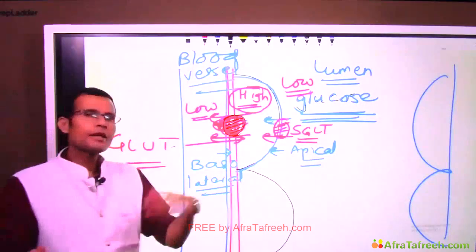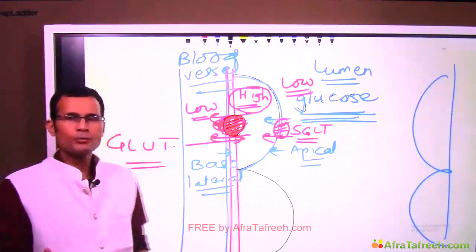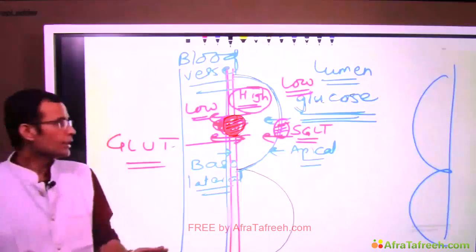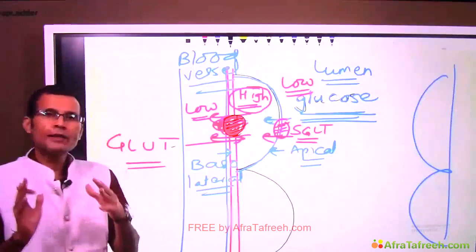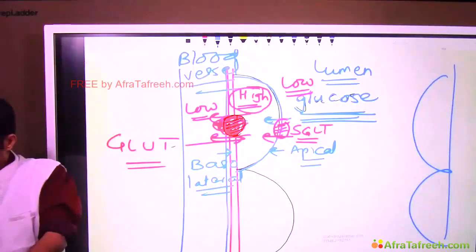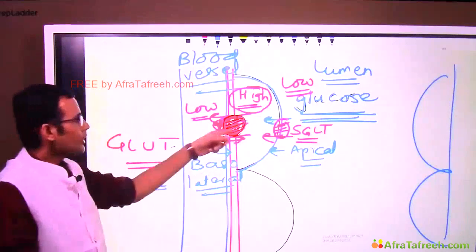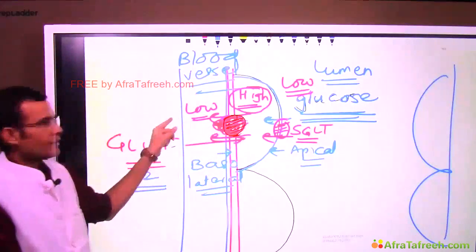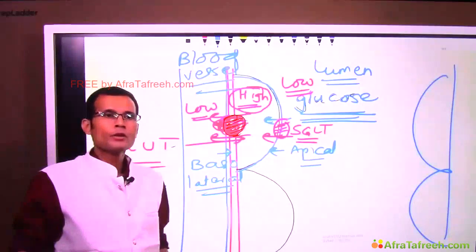GLUT has various types: GLUT 1, 2, 3, 4, 5 and so on. Particularly in GIT and kidney, or whenever glucose has to leave the cell, it always uses GLUT2. Please remember, here the glucose is leaving the cell and going into the blood vessel, it will use GLUT2.